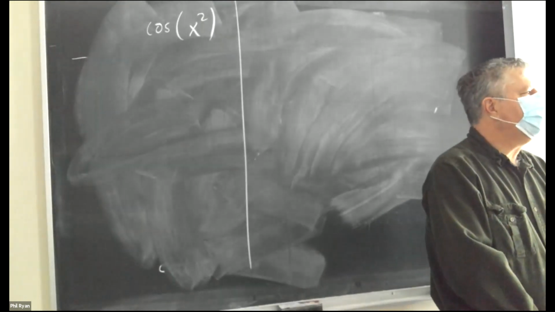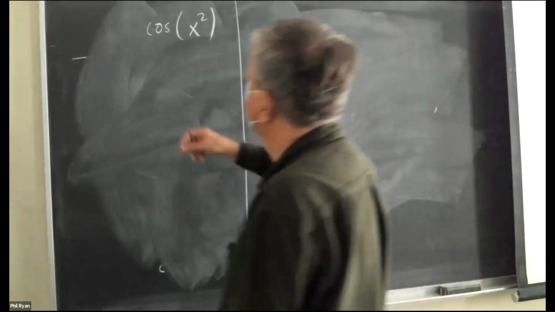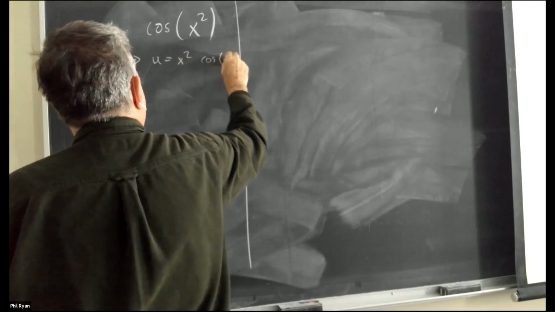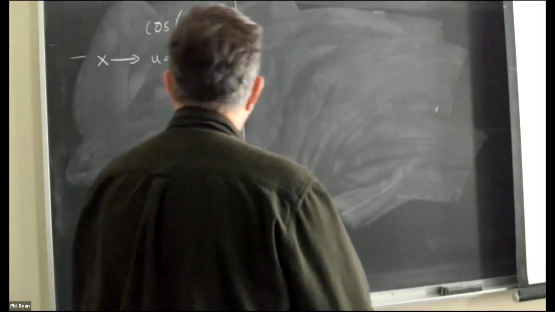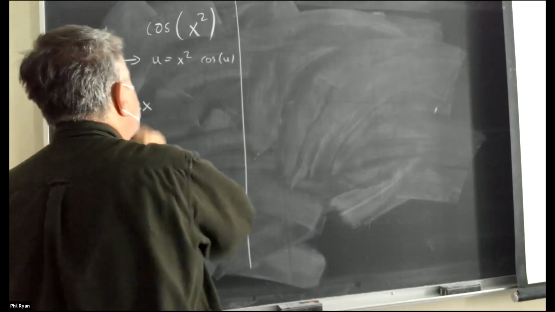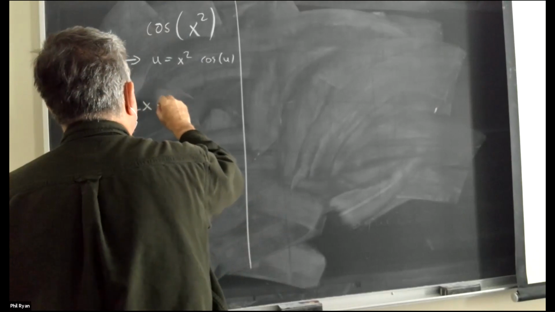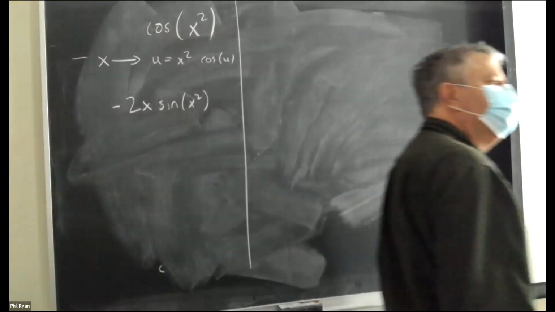Okay, so how's this put together? Right, it's a chain. So okay, so now we differentiate the pieces. Derivative of x squared. Derivative of cosine. Negative sine. Okay, replacing the u by x squared.